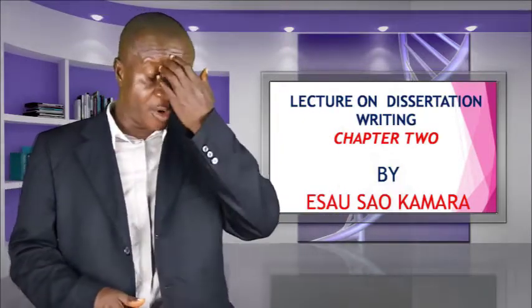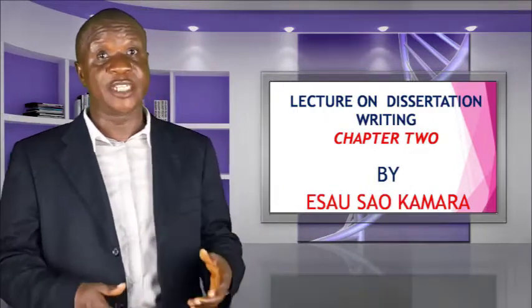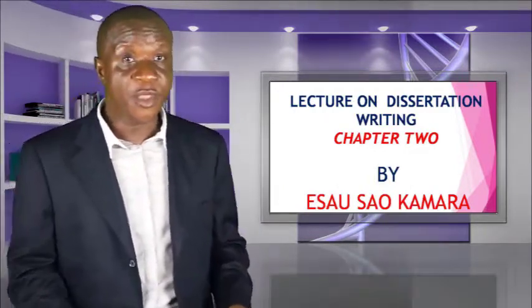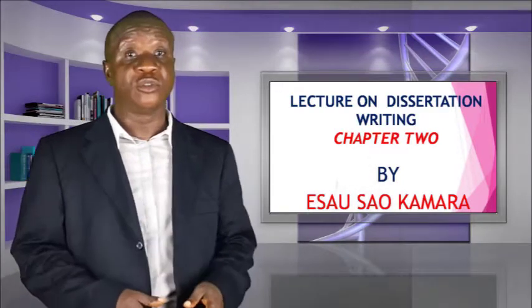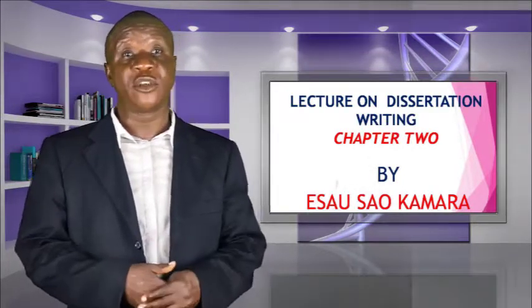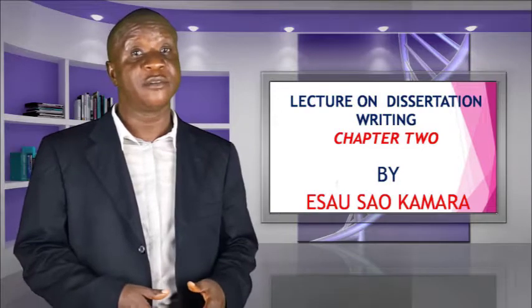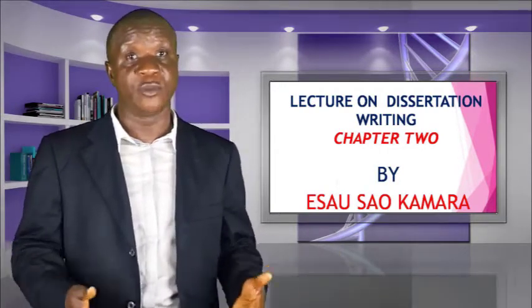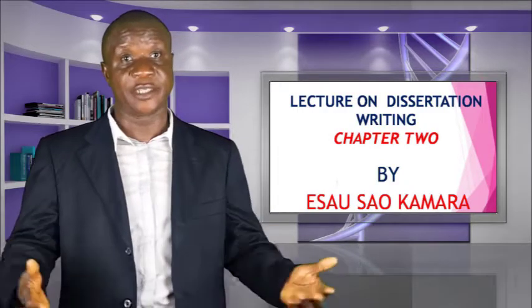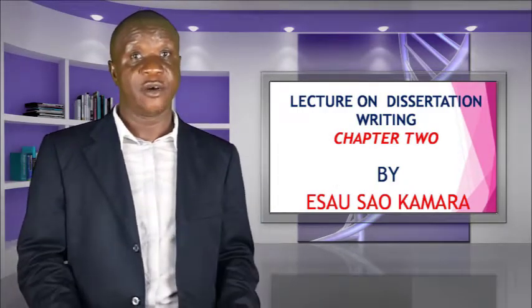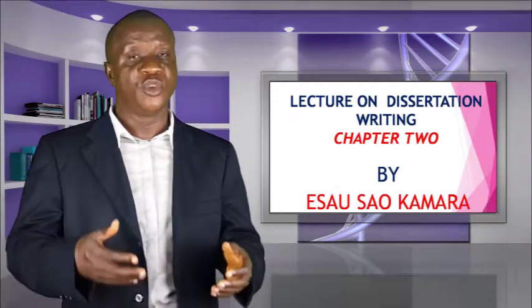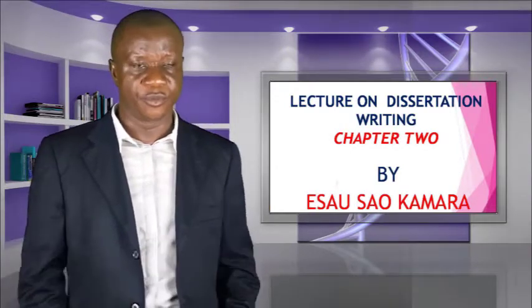For example, if you are talking about the causes of prostitution in the western part of Sierra Leone, or the contribution of the Methodist mission to selected Methodist secondary schools in Freetown, a case study of selected schools, you have to look at some literature, some scholars who have written, or articles all about that particular contribution. So you have to find your literature review.